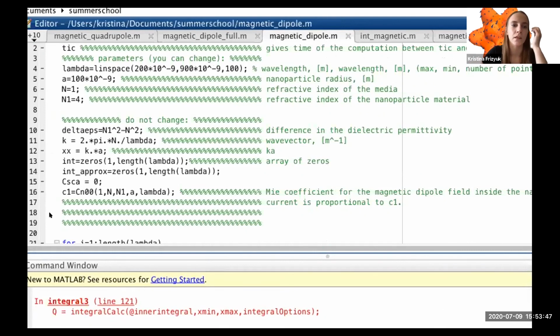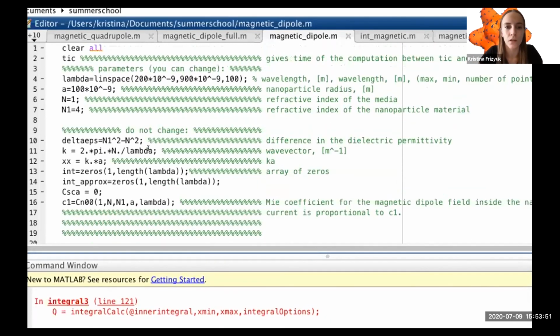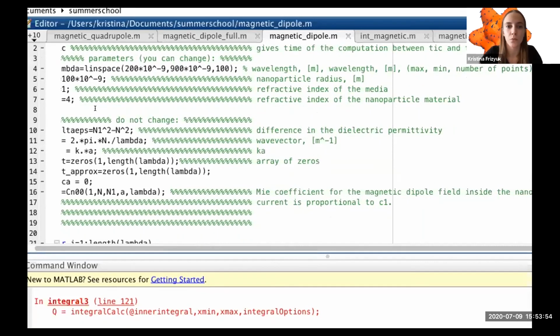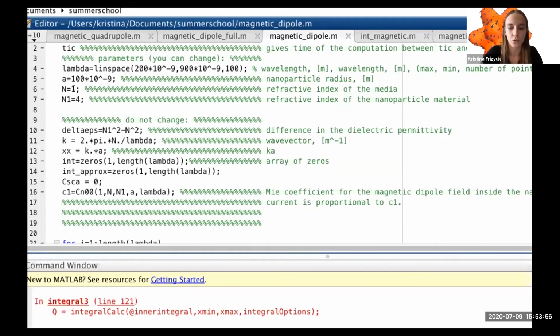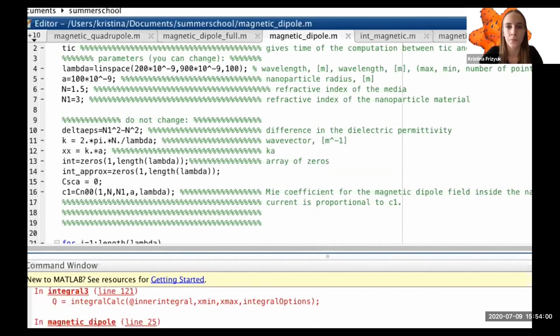And in question 5, I think there is a typo, but in question 6, we can take n equal to 1.5 and here equal to 3 and compute, and then look at what happens.